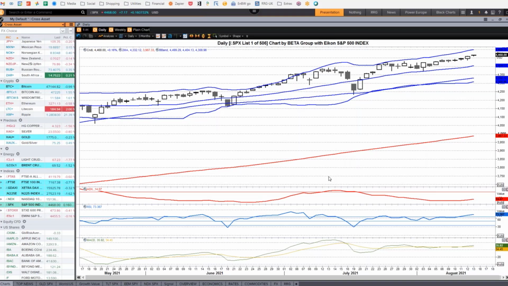The professional analysts, the bank analysts and the sell side analysts, are now turning really decidedly bullish, and they're very late doing this. This is a pretty bad sign, when these people turn bullish after such a long time of the market going up and them not being bullish.